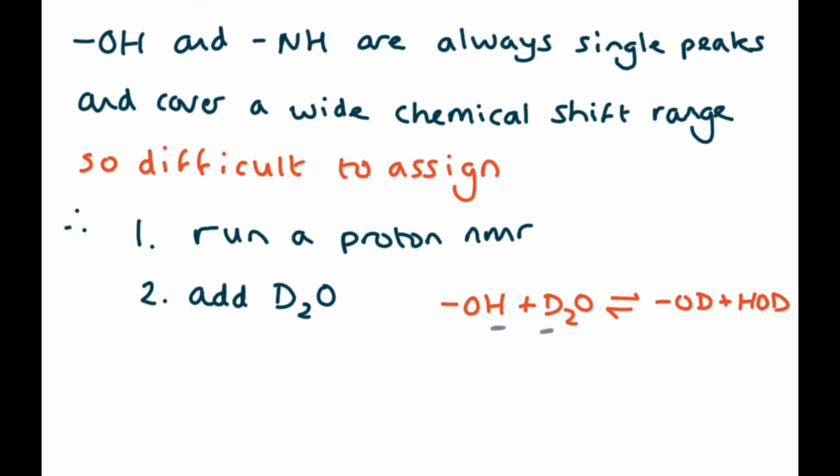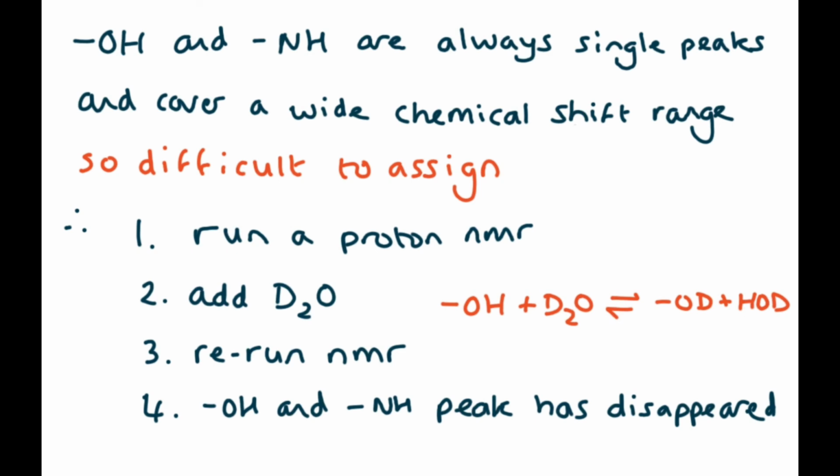But deuterium is not detected in the NMR. So as soon as the OH becomes an OD, you rerun the NMR and the peak will disappear. You will then know that it is the OH peak or the NH peak because the peak has disappeared.